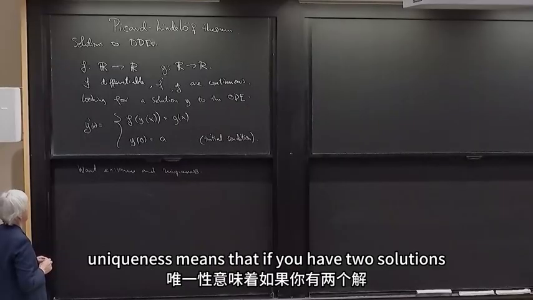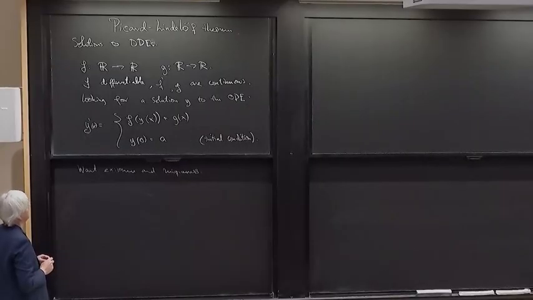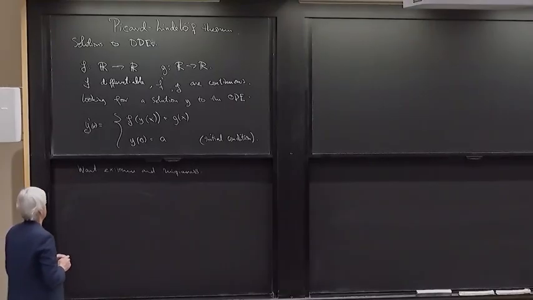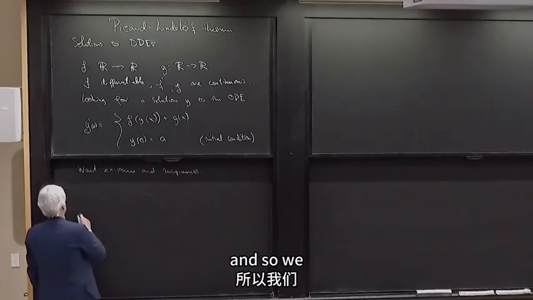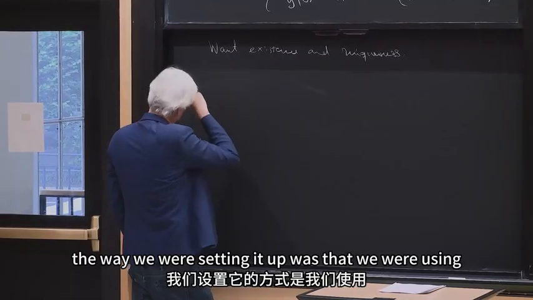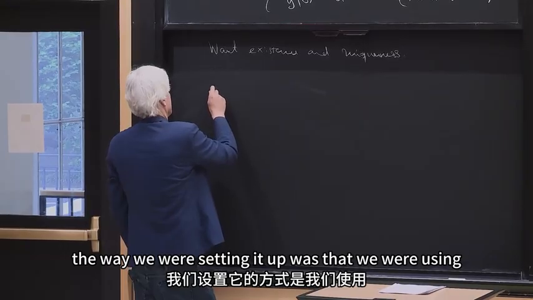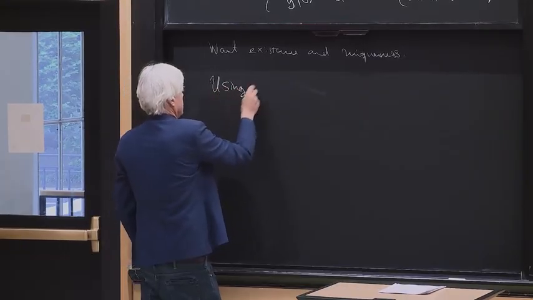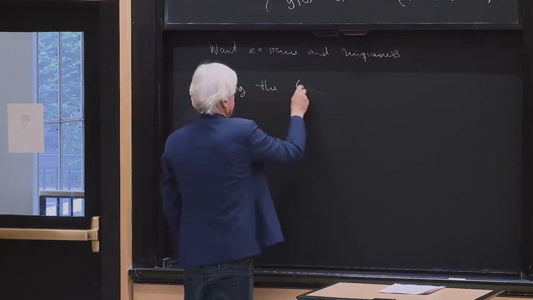Uniqueness means that if you have two solutions to this ODE, then they have to coincide. The way we were setting it up was that we were using the contracting mapping theorem.